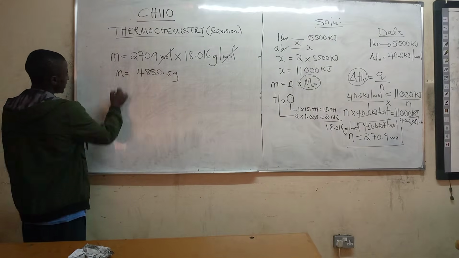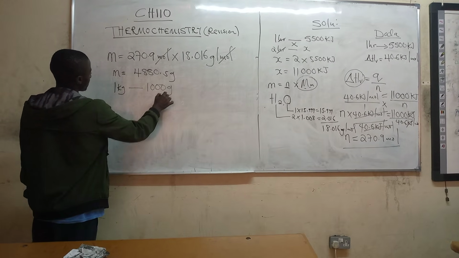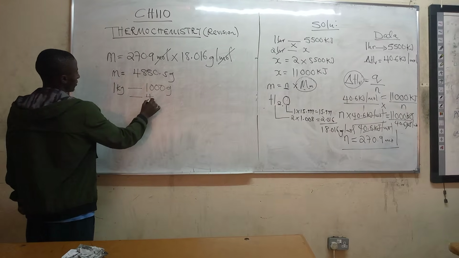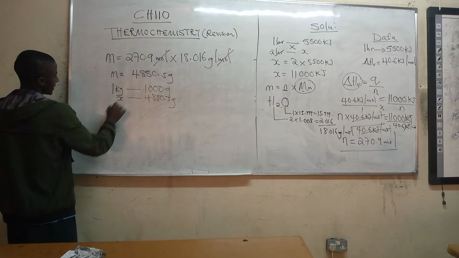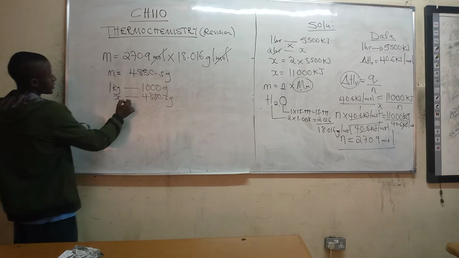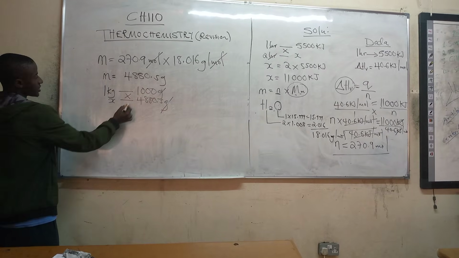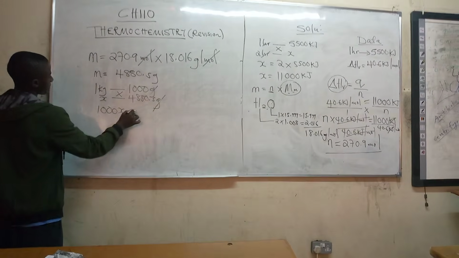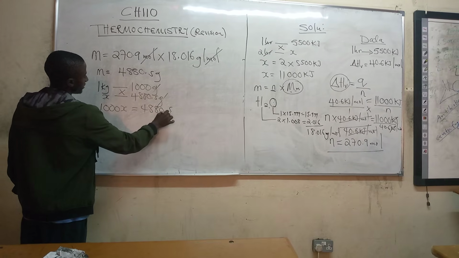Now the standard SI unit for mass is kg. So you can convert this mass that we have calculated into kilograms. We know that 1 kg is equivalent to 1,000 grams. And you have calculated your mass to be 4,880.5 grams. So you put X there because you want to calculate the mass in kilograms. You cross multiply: X times 1,000 is equal to 1 times 4,880.5.